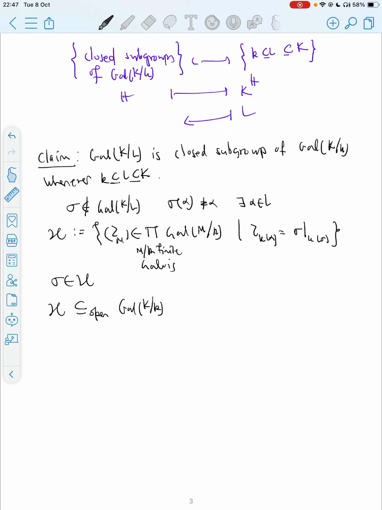Thirdly, because we are showing the complement is open, any point in the complement should have an open neighborhood that is disjoint from this Galois group over L. Because of this condition, the intersection should be empty.